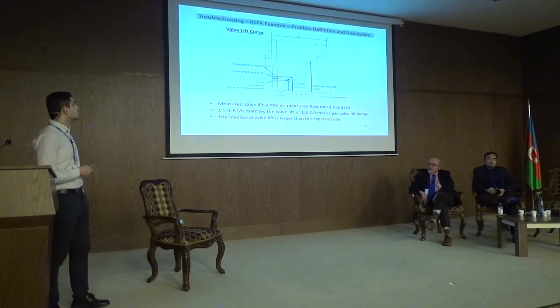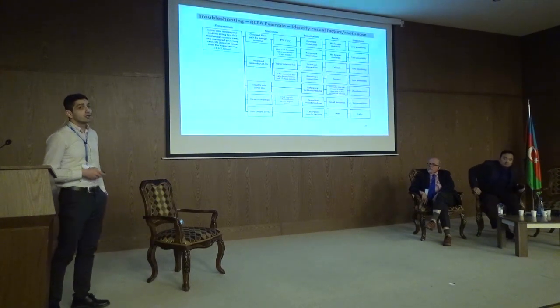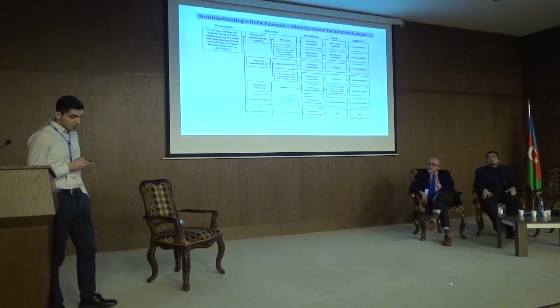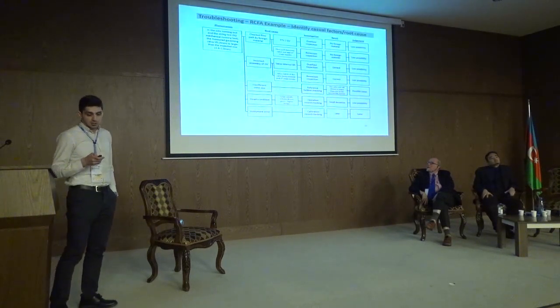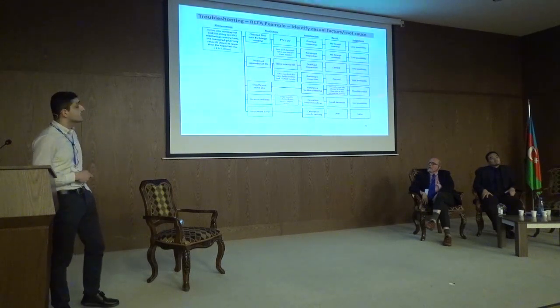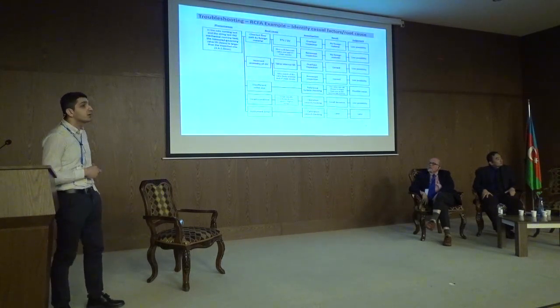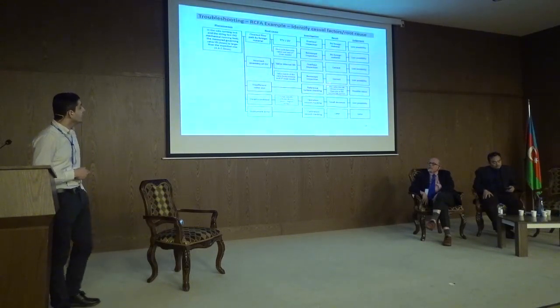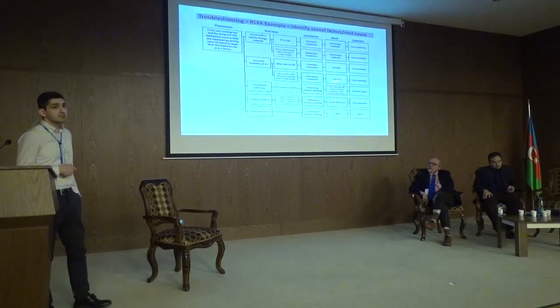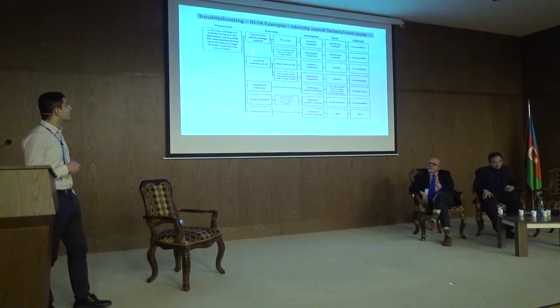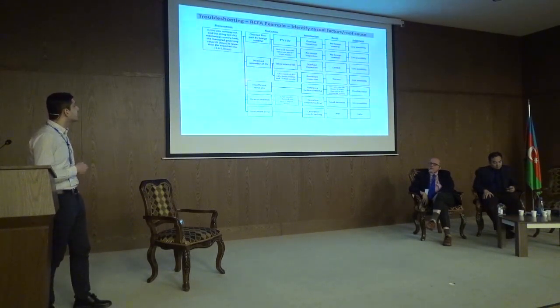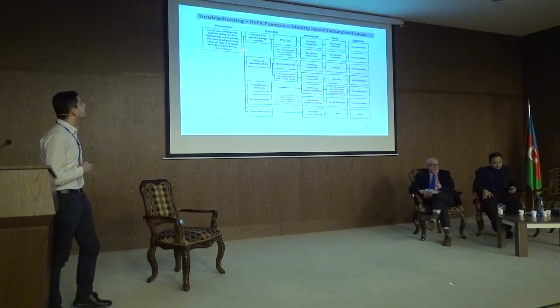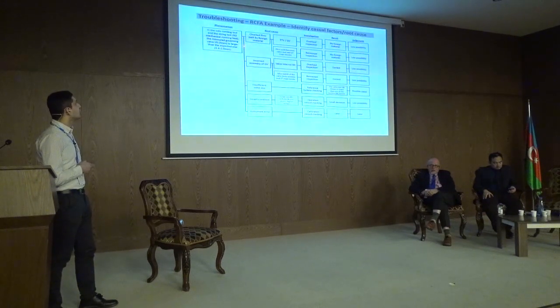In order to solve the issue, we did a root cause failure analysis. As I have already mentioned, the first stage in the root cause failure analysis is defining the problem. We defined the problem, we collected the data from the trends, from the DCS and so on, and we listed the causal factors. What could be a possible root cause? For example, one root cause could be a choked flow caused by foreign material.